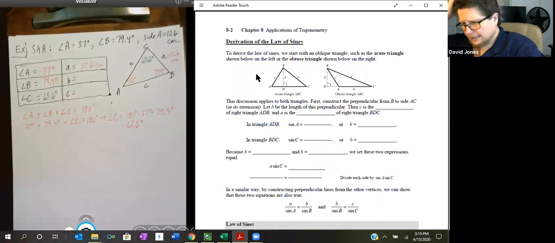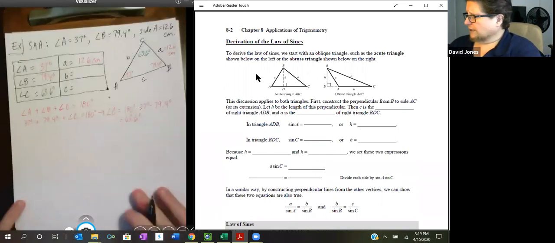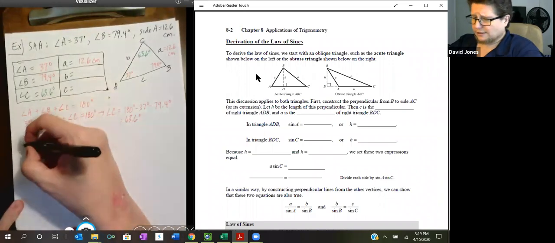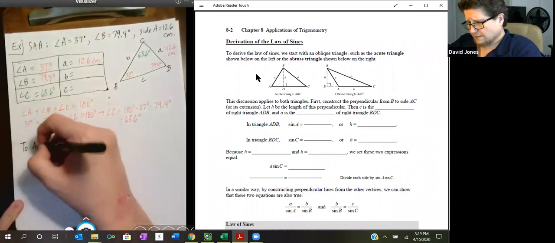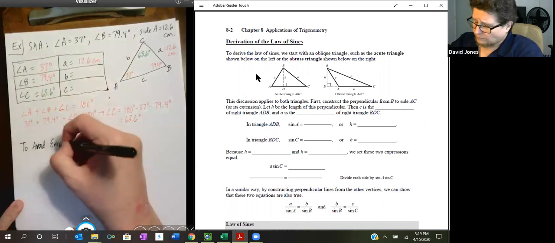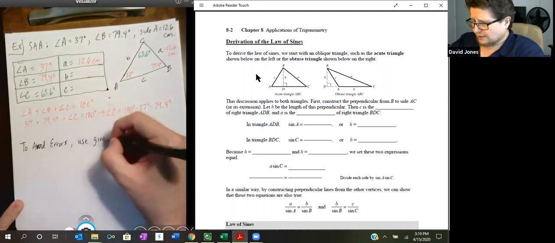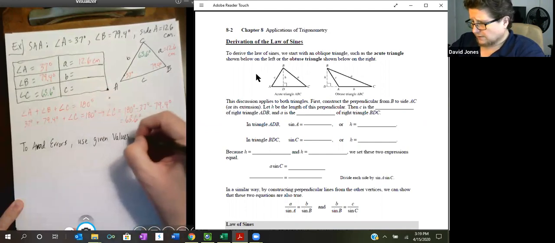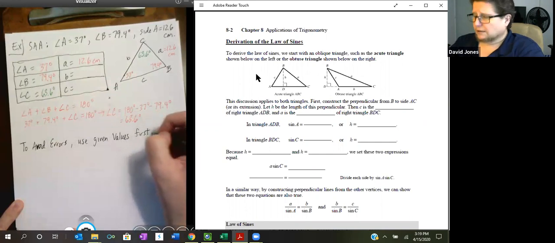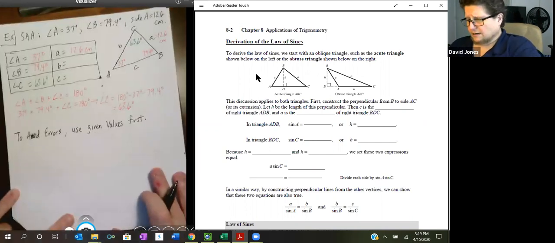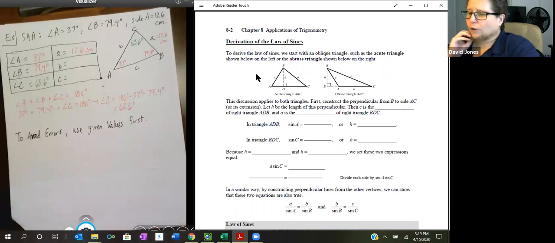All right, now let's solve for our sides B and C. Another way to avoid errors, and this is what I meant earlier, use given values first. This is good. It's unavoidable in the first part.